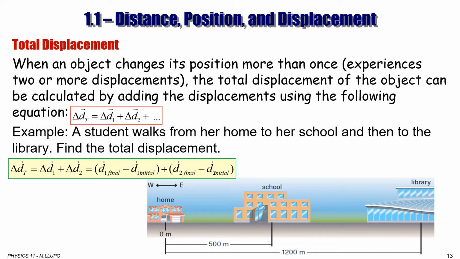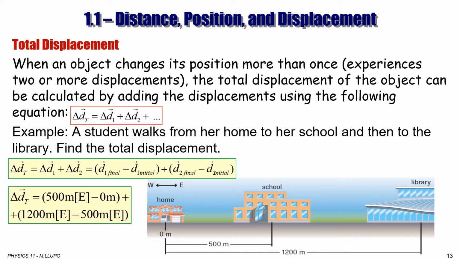So delta D1 is the final position of trip 1 minus the initial position of trip 1, plus the final position of trip 2 minus the initial position of trip 2.